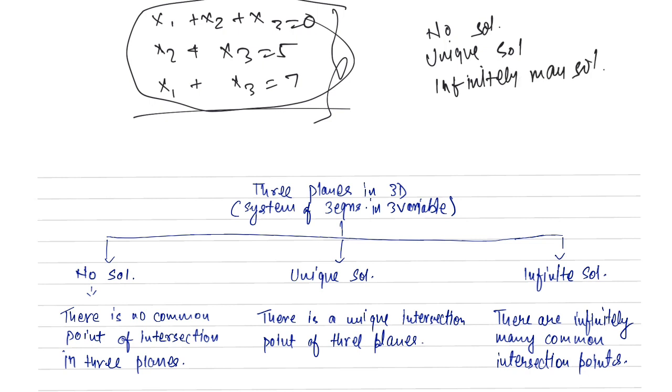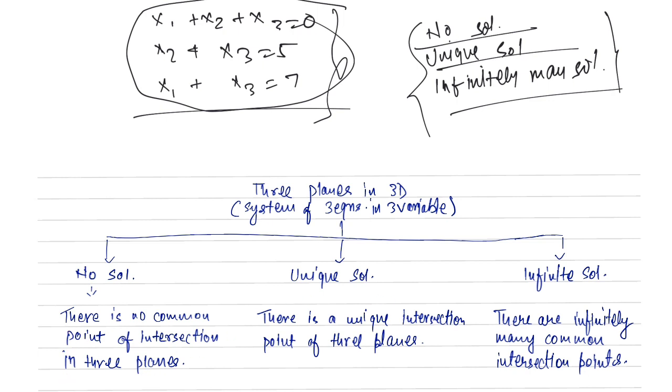So here we'll discuss these three cases, and what they mean in the case of planes. If there is no solution of the system of linear equations, it means there is no common point of intersection of the three planes.